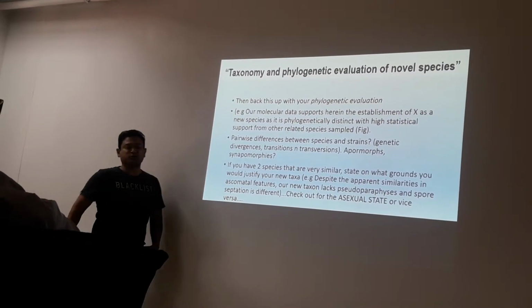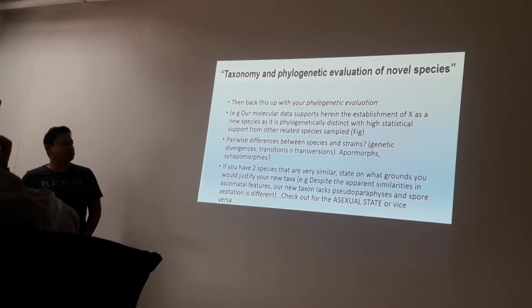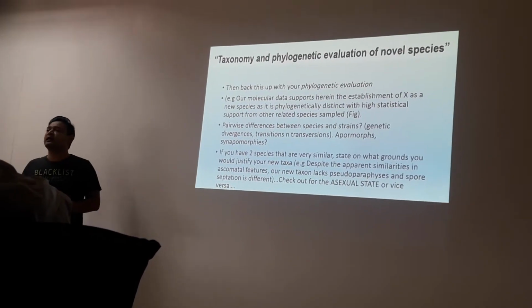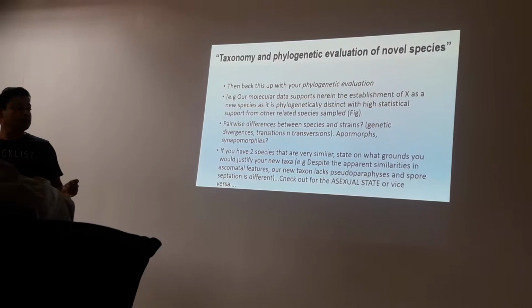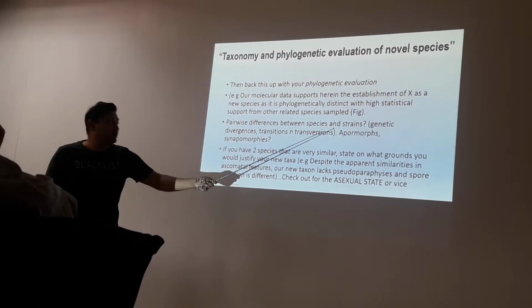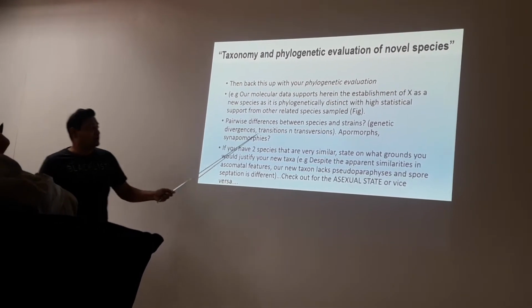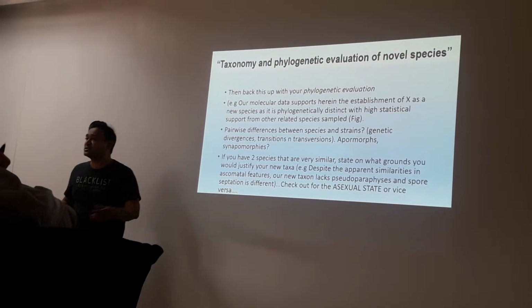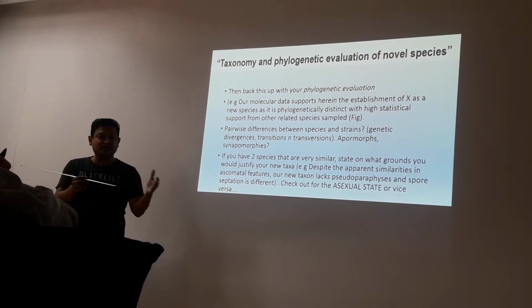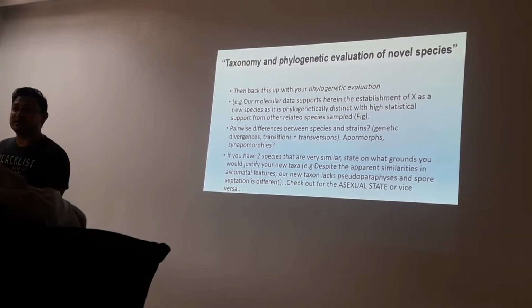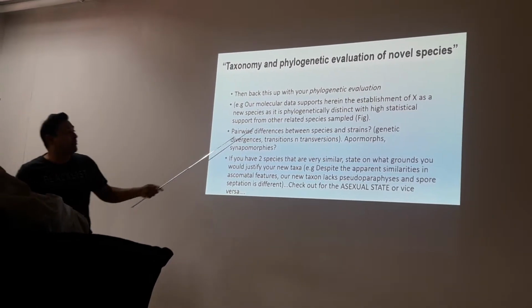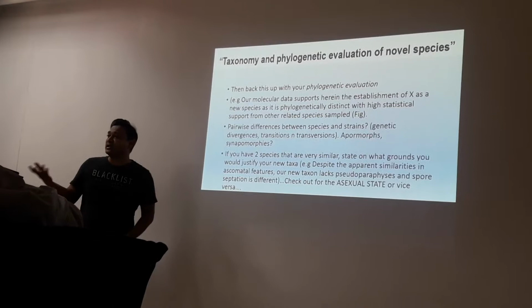Pairwise differences between species and strains. This is where, again, you can try to mention whether there is any genetic divergence, what the different transitions and transversions are, how similar or how different your species are as compared to other species.